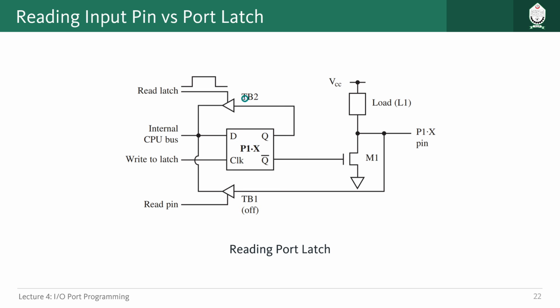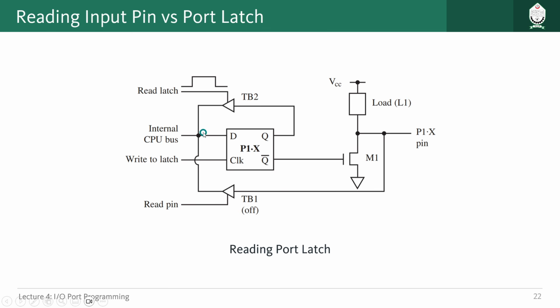But you will see we have another tri-state buffer here which is connected with the output of the latch, the Q basically, and we can send a signal to this read latch so that the signal we are getting at the output of the latch can go to the input again, right?